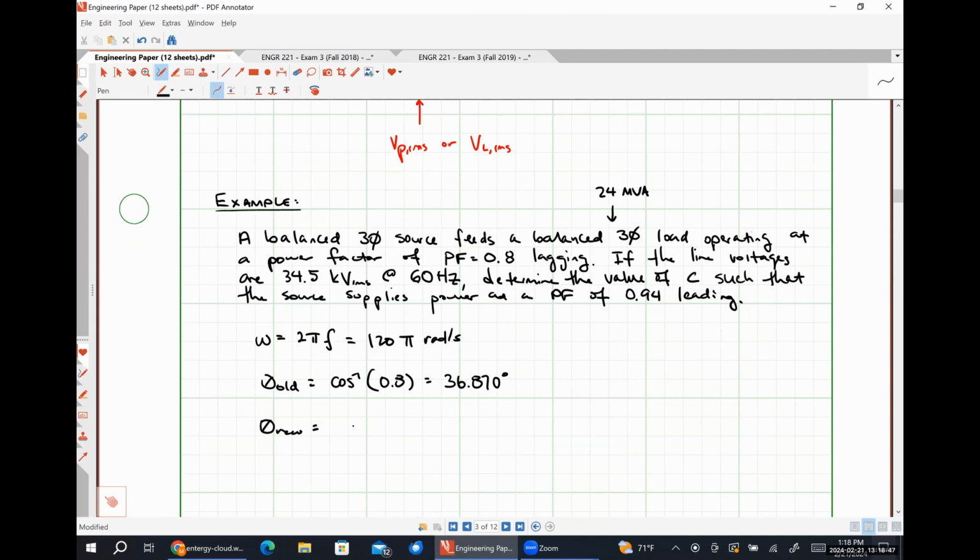Theta new will be negative the inverse cosine of 0.94. Putting the negative sign out front because we were specifically told that our power factor is leading after power factor correction. So that looks like negative 19.948 degrees.